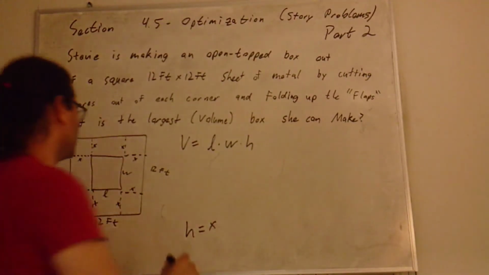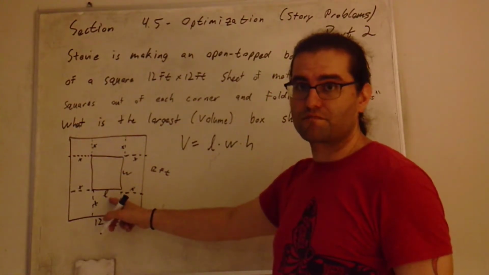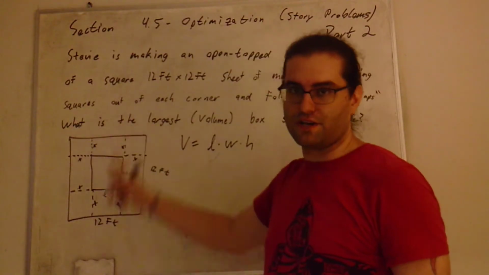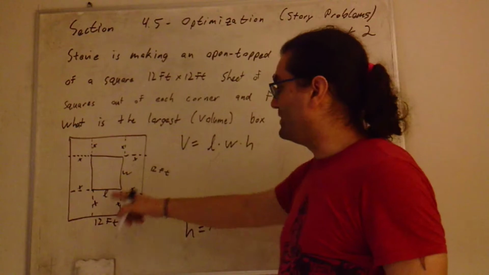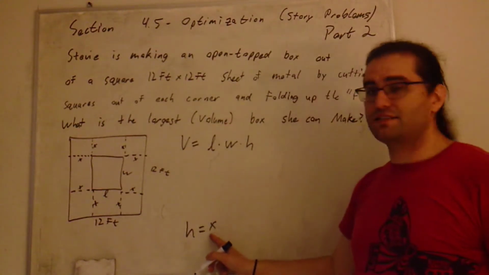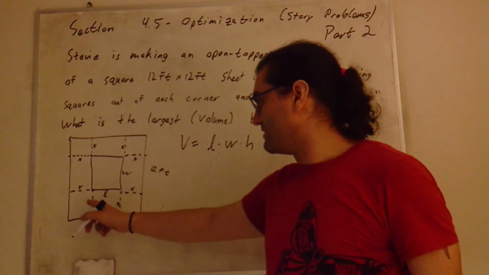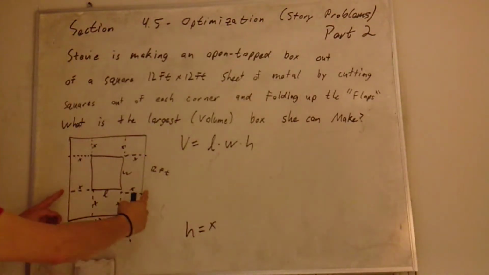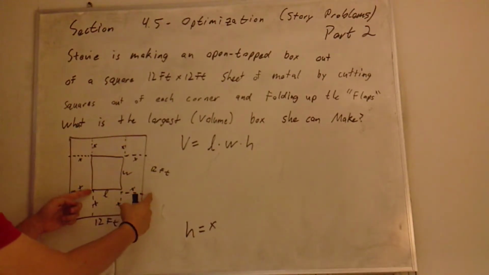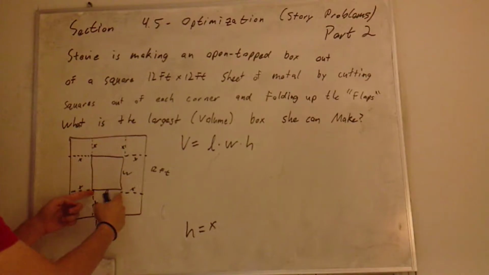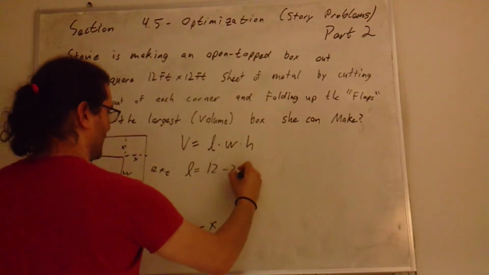Well, first of all, we know that they're going to be the same, because we're starting with a square and we're cutting squares out, so all of these distances are the same. But we need to connect it to x, because x is the variable that we want to be using here. And the connection to x is, this whole thing is 12, and we're taking x out of one side and x out of the other side to get L. So L is 12 minus 2x.